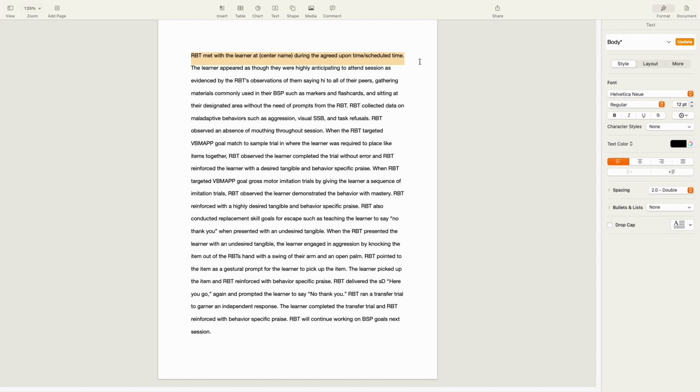My clinical director, when I worked at the center, said I could include the learner's name. Actually, that's what she wanted. She didn't want us to write their initials. She didn't want us to write learner or client. She wanted us to write their name. And there was never any problem with the insurances when we wrote their name.